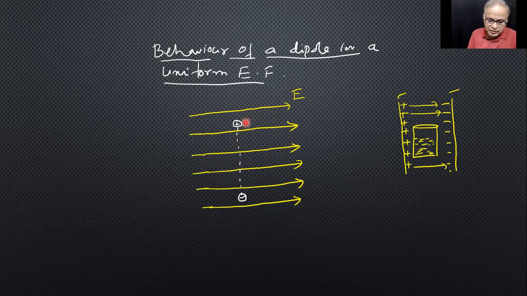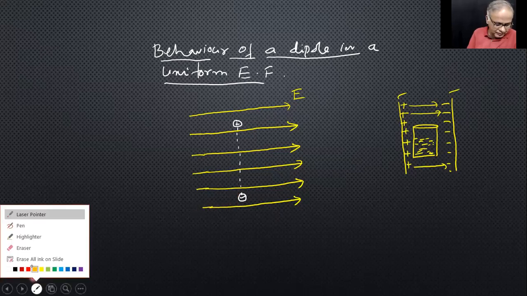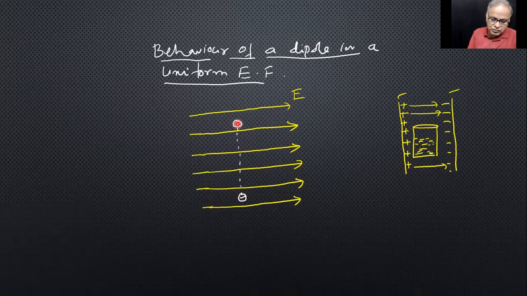This is a plus q charge, so it will experience force in this direction, and this will experience force in this direction. So what would happen? The net force would be 0 because this is q, this is q. Force is Eq this way, force is Eq this way. So two equal and opposite forces produce no net force.